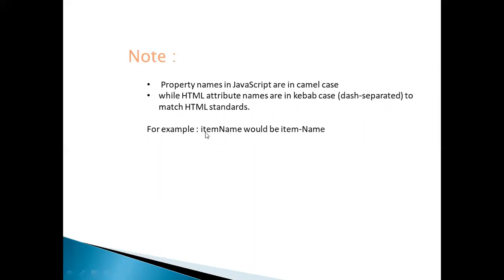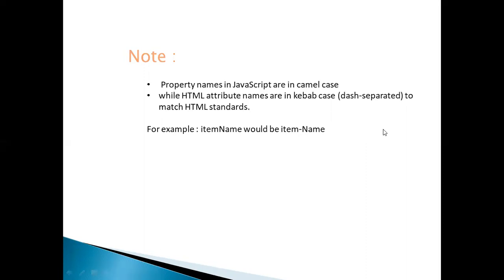But when you use this variable name inside another component, that name will be dash separated, like item, and then it will take the capital letter from here, and wherever it finds a dash, it will take it as a second word, hyphen name. So for example, if it was item name number, and number was capital, then it would be item hyphen name hyphen number. So this is kebab case.